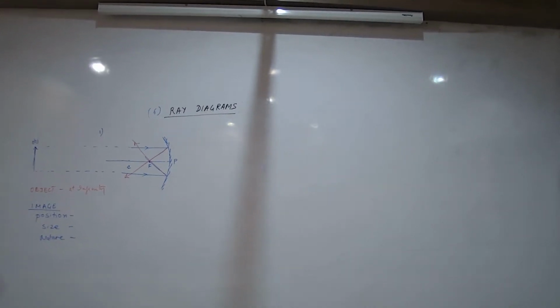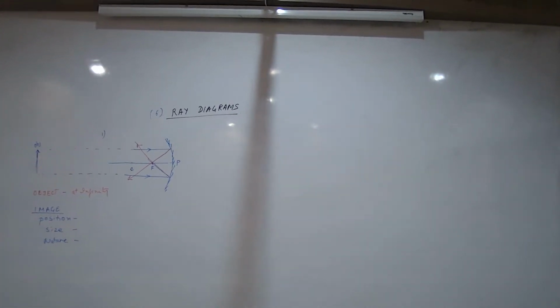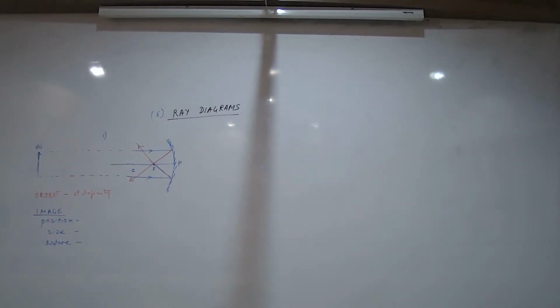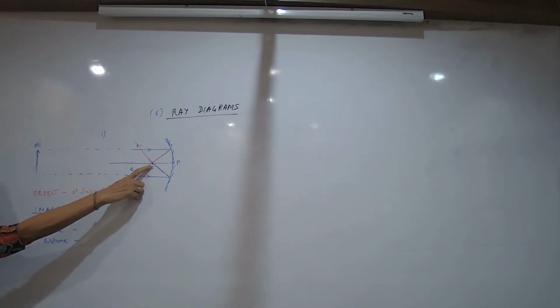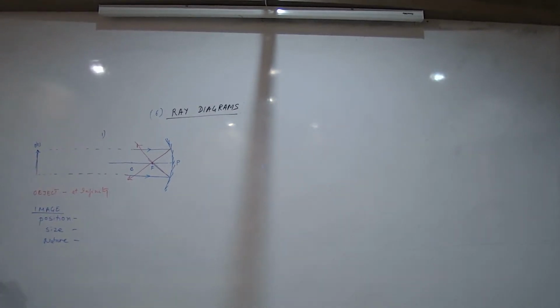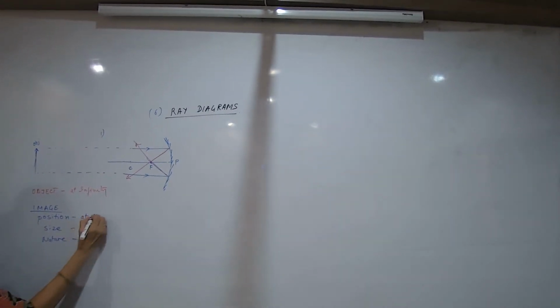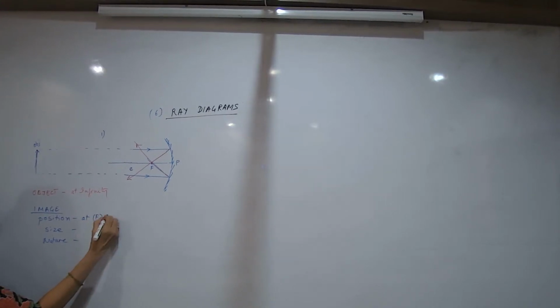So we need to also understand where our image is going to be formed. Where is the position? It is intersecting at F. Its position is at F, the focus.